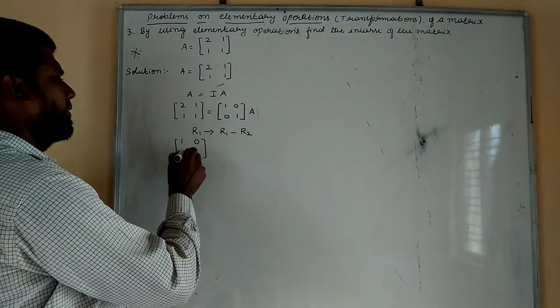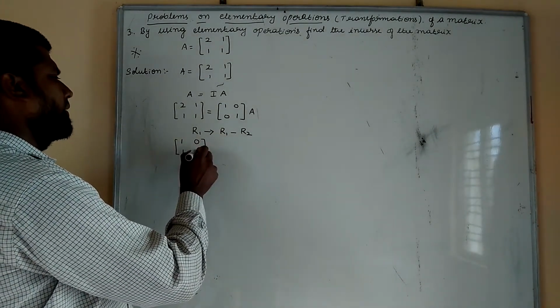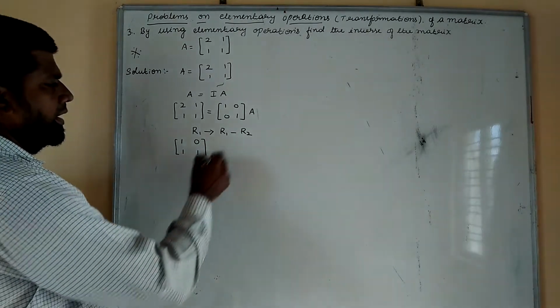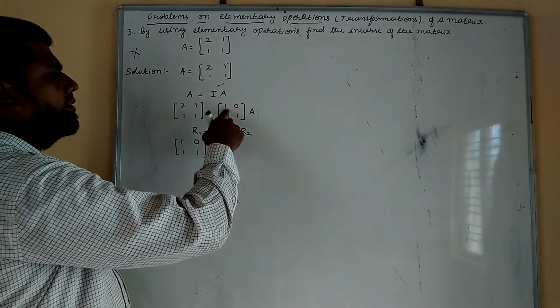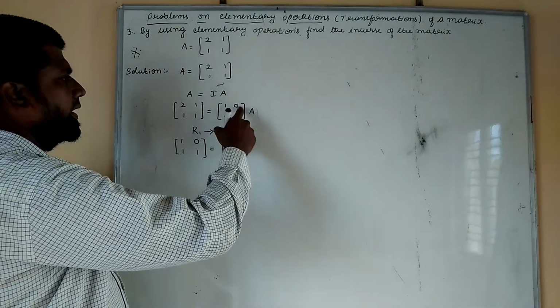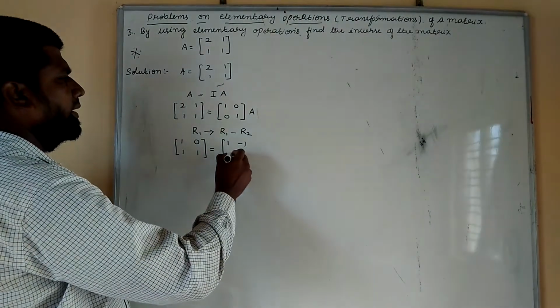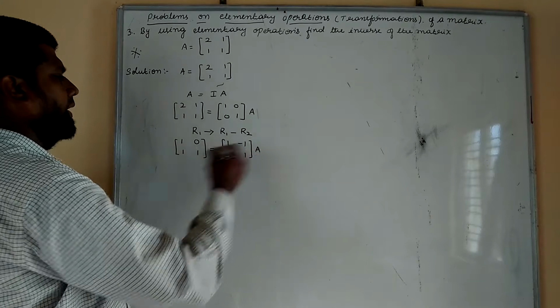Then write the second row the same, 1, 1. That is equal to: 1 minus 0 is 1, 0 minus 1 is minus 1, then the second row is 0, 1, into A.